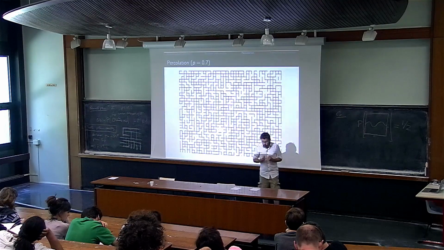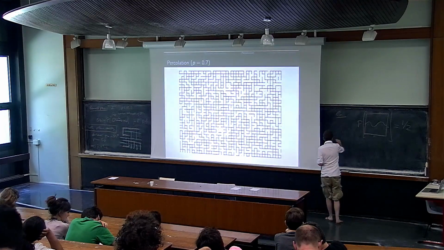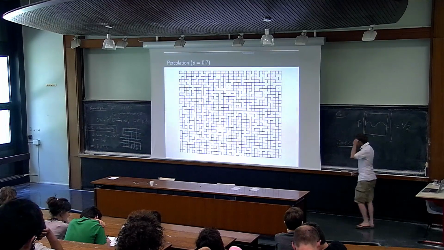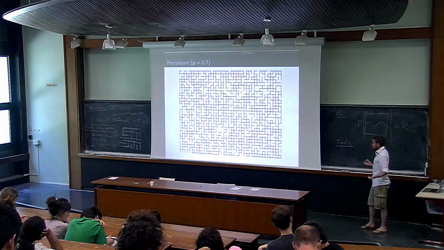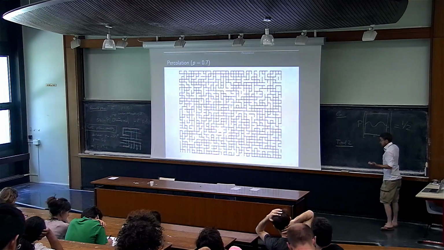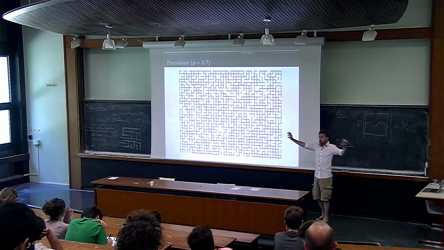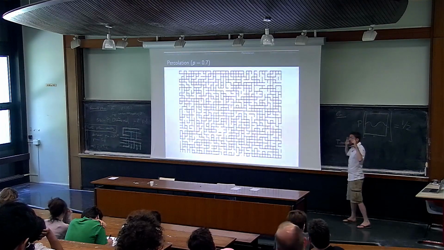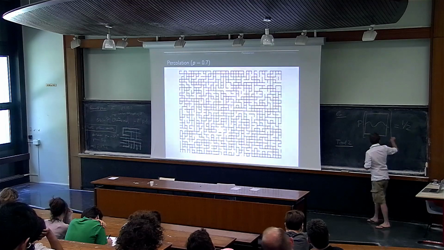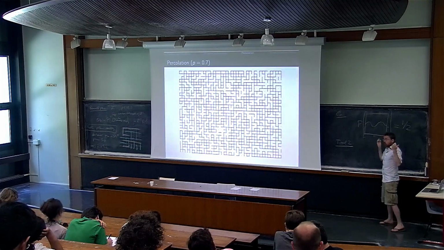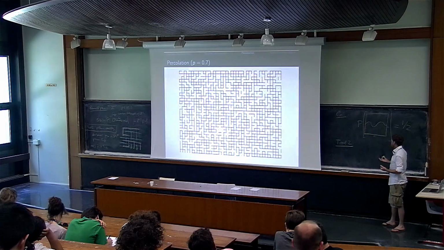So tool number 2. If you want to look at something that is macroscopic, it's not enough to cross squares. You want to cross other kinds of regions. So for instance, rectangles. And if you want to control the probability that if you take a rectangle of 2n by n, it's crossed horizontally, you don't get anywhere using duality.